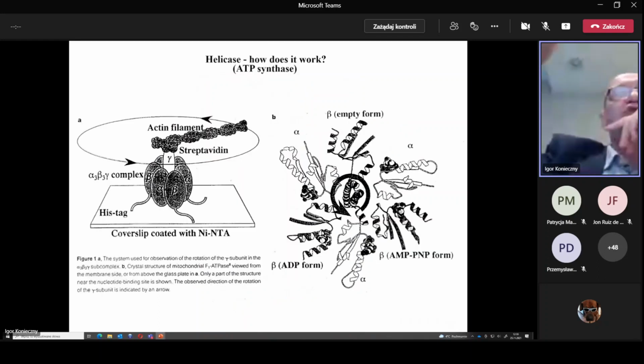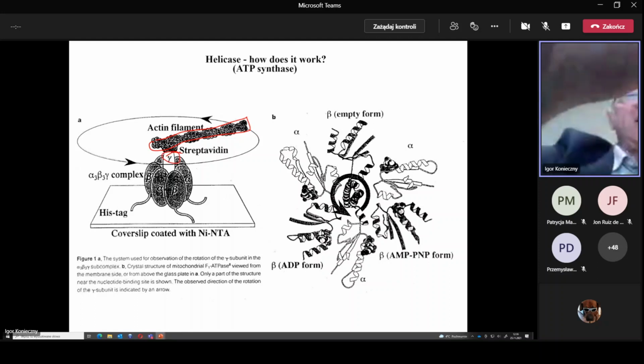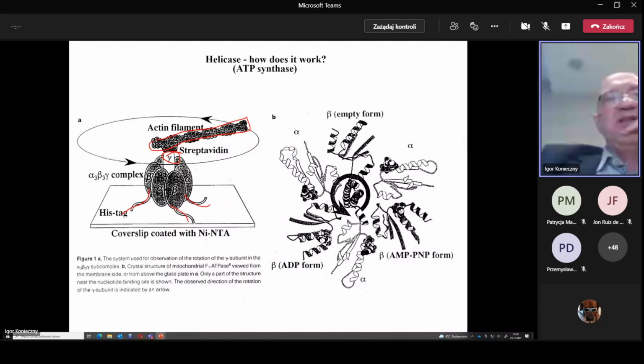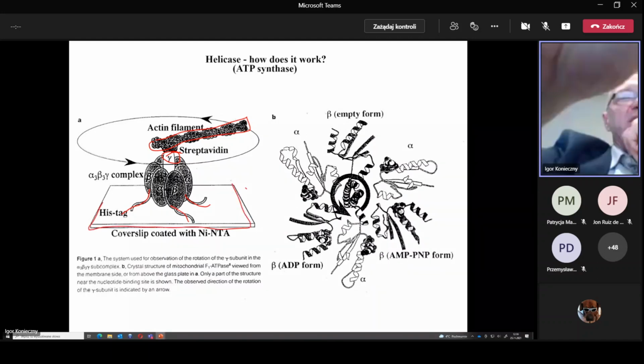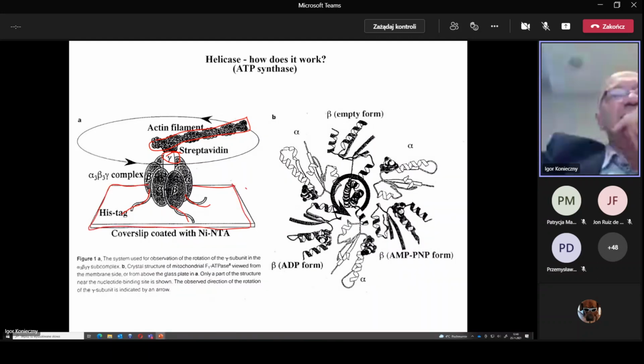Okay, it was shown by attaching an actin filament to this gamma complex in here and attachment of the beta complexes of ATP synthase onto the slide.